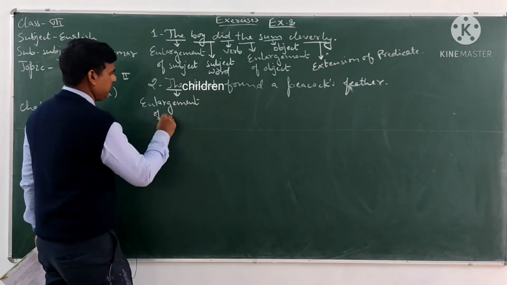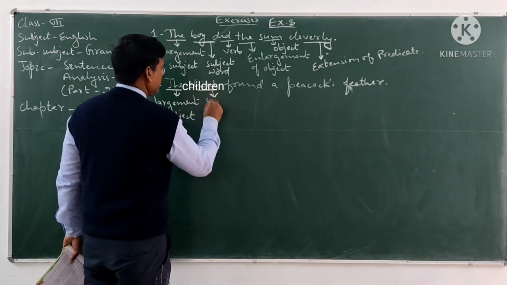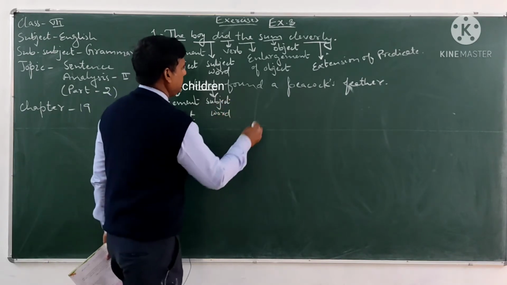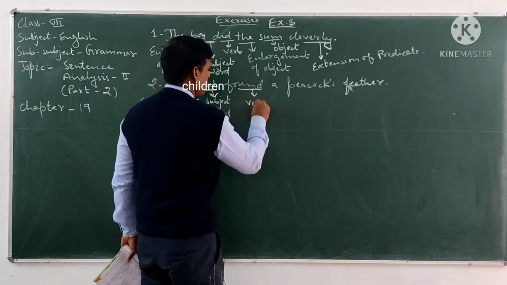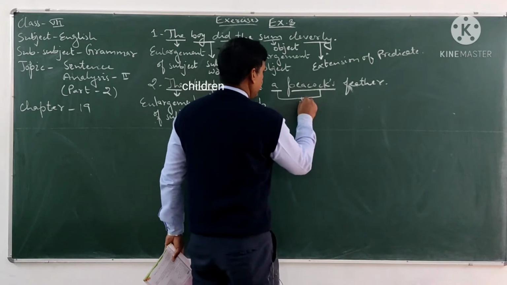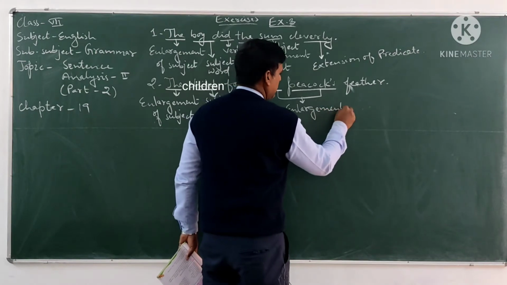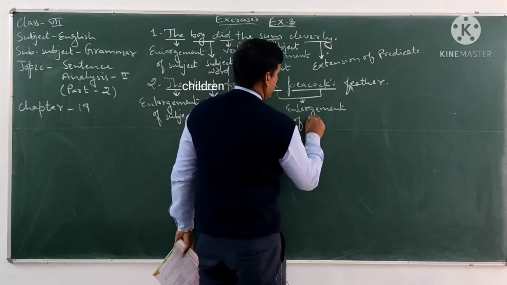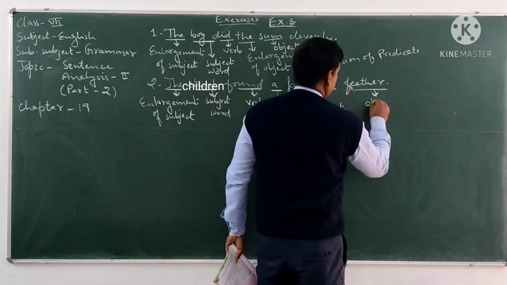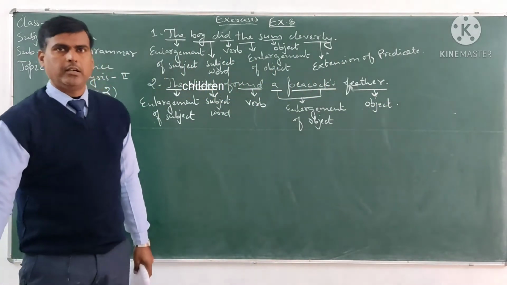Child is the subject word, and found is the verb. And a and peacock's are the enlargements of object, and feather is the object. So this is the sentence analysis of sentence number 2.